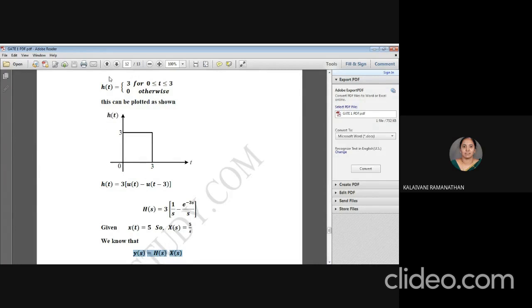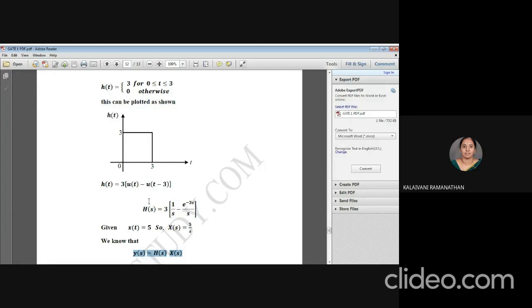So you have h of t equal to this value. This rectangular portion can be noted as 3 multiplied by u of t minus u of t minus 3. So this is the given impulse response.